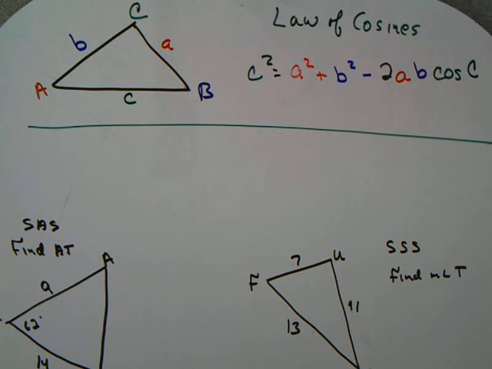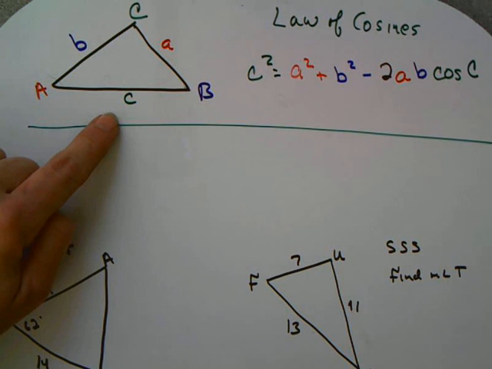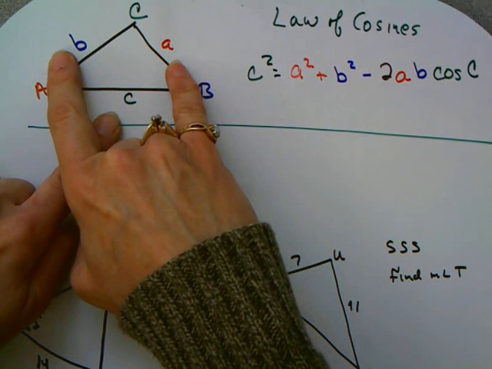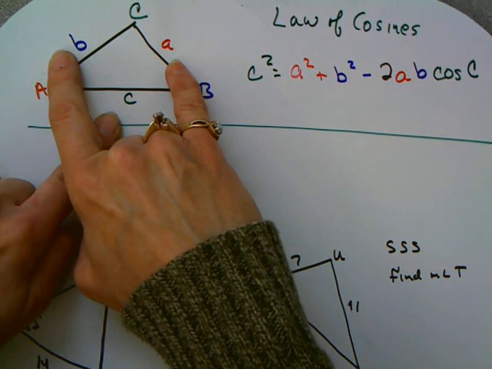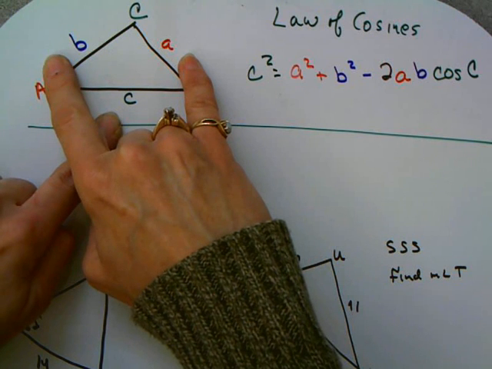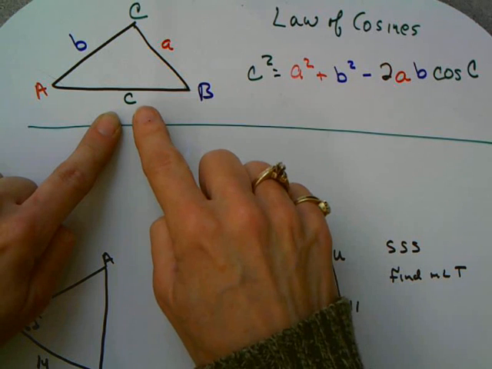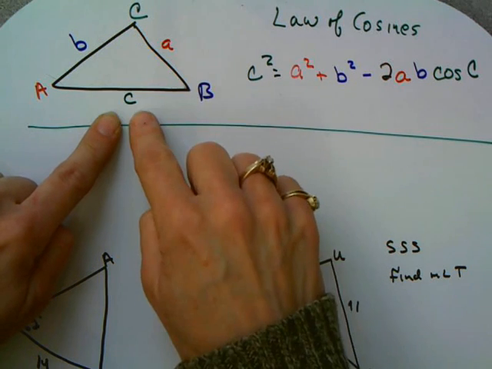The proof is posted on the Moodle. I don't want to get into that here. I would like to show you how to use this law. What the law says is, for any side length, we'll go with side length C, that side length squared equals the other two side lengths, A squared plus B squared, minus 2 times A times B times the cosine of C. C has got to be the angle across from the side.